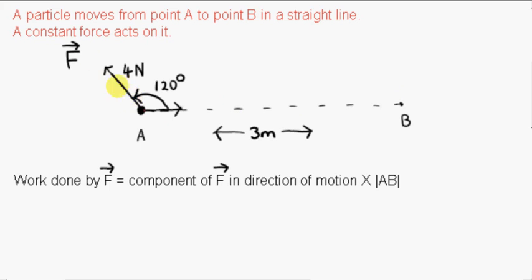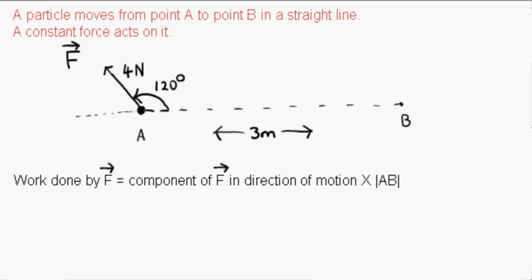It's not going to be this particular force, because you can see that it's got a component in a direction that opposes the motion of the particle. As I said before, we don't know exactly what forces are acting on this particle, and we are not interested. All we know is that the particle moves from A to B in a straight line, and we just want the work done by this force.